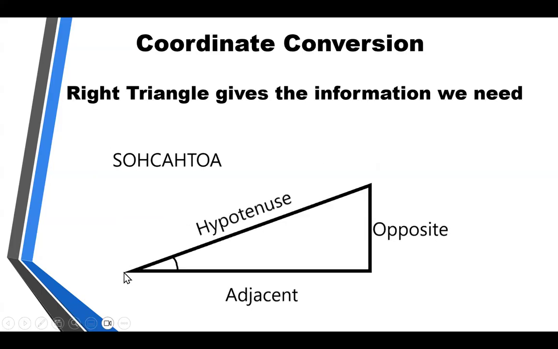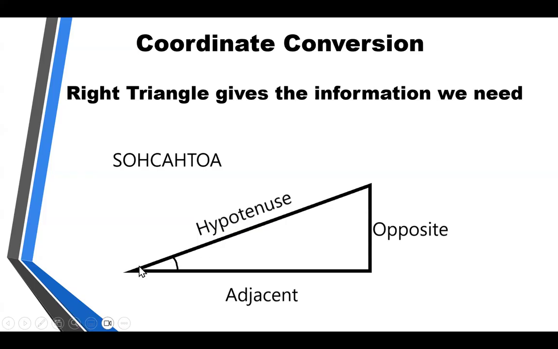Now, the right triangle is actually going to give us all of the information we need when we do conversions between the rectangular coordinate system and the polar coordinate system. Hopefully you looked at the right triangle at some point in your mathematical career.